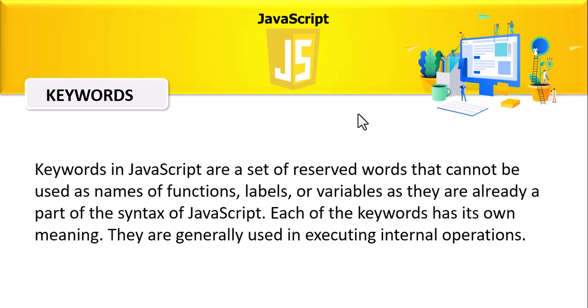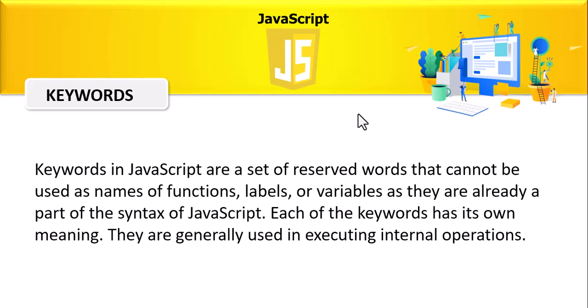Please take note of that. You can't use them as a function name, you can't use them as labels, and you can't use them as a variable name. The moment you write them, they are going to perform their job as a JavaScript keyword. So please take note of that. If you want to have a variable name, use another name. Avoid the use of the reserved words in JavaScript.